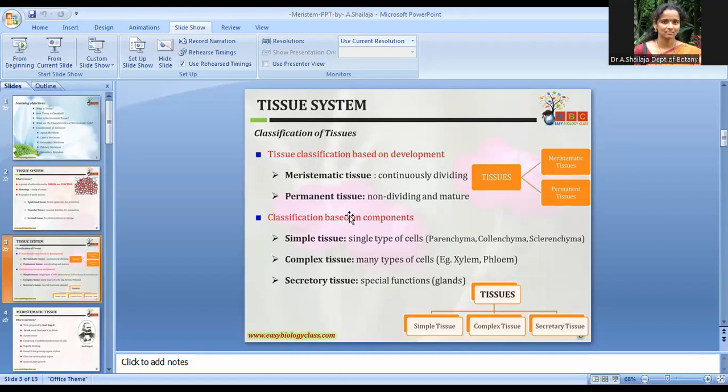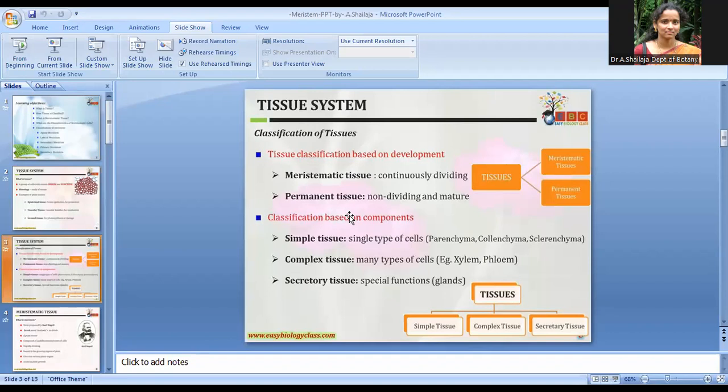For example, parenchyma, collenchyma, and sclerenchyma all come under simple tissue. Only a single type of cells, so no differentiation is there.